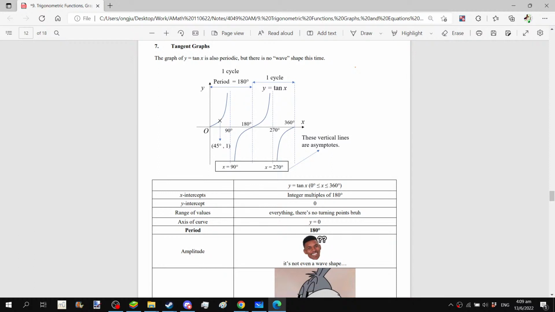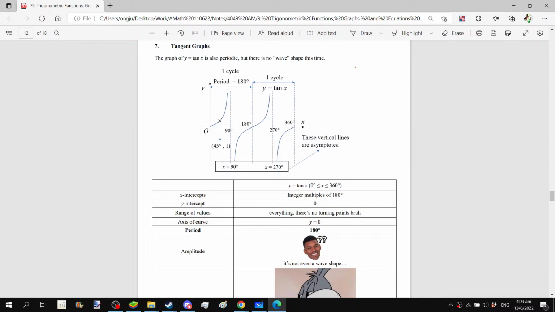So you can get any answer. Unlike sine, which was limited by its amplitude, cosine, which has the same challenge, tangent doesn't care. You can get tangent x equals negative 999. You can get tangent y equals positive 69,420. That's perfectly okay.